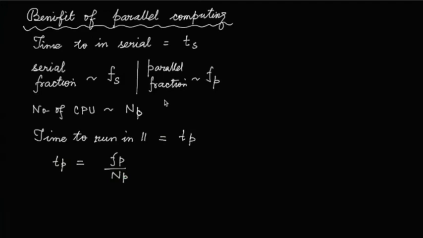And the serial fraction takes the exact same time as it used to take. You see, FS is the serial fraction, so if the total time is TS, then TS times FS is the time to run in serial mode. That is what you get here. In the parallel mode, the parallel fraction can be parallelized, so if I have NP CPUs, each CPU does its job. So it is FP times TS by NP.